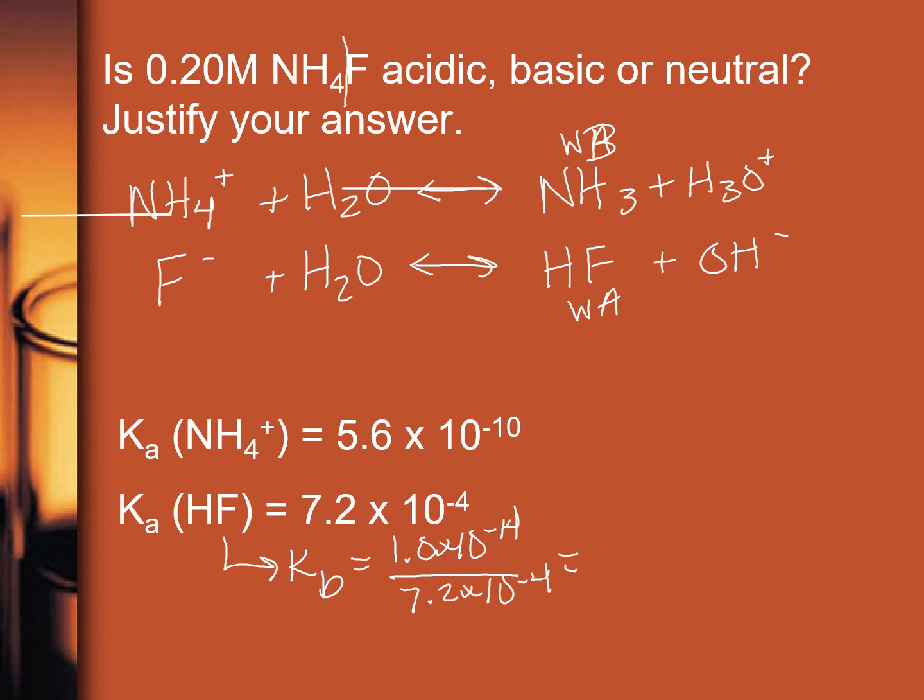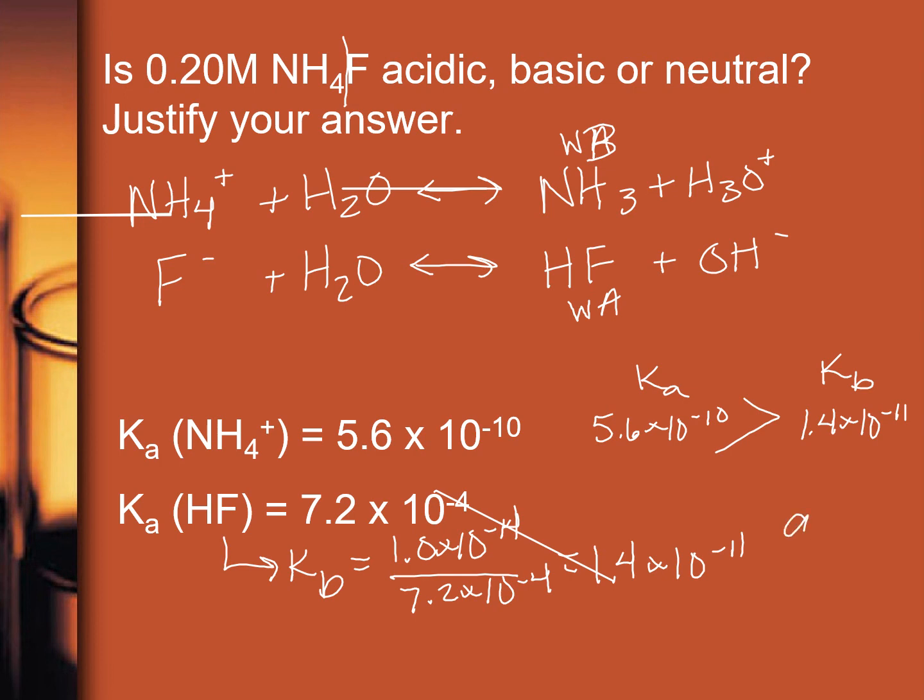So we have a Kb value equal to 1.4 times 10 to the negative 11th. So whenever we compare Ka, 5.6 times 10 to the negative 10th, to Kb, 1.4 times 10 to the negative 11th, our Ka value is larger, therefore this is acidic.